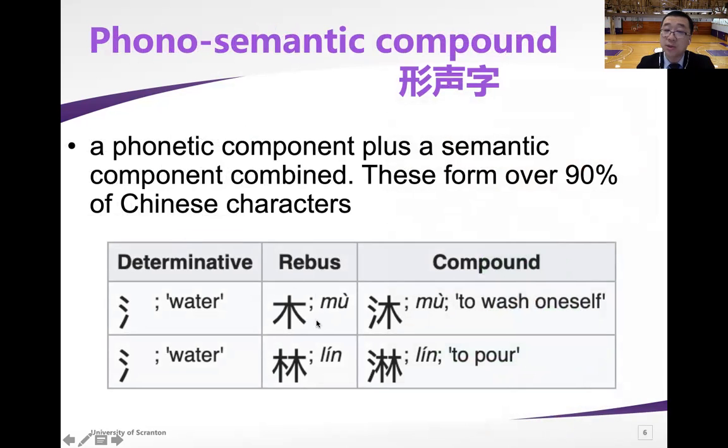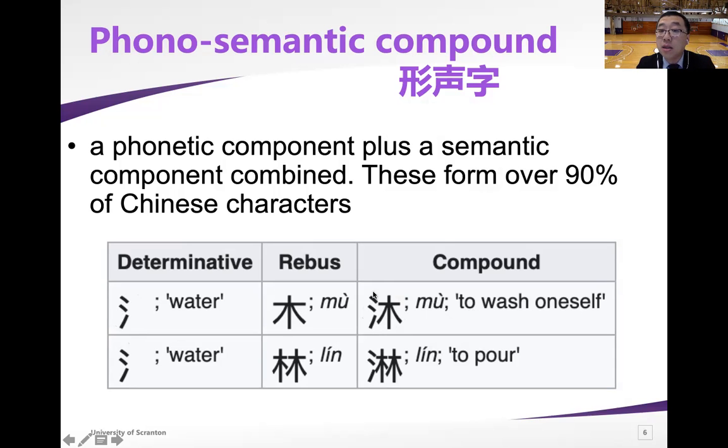Like this, we know this is mu, wood. And if I add a radical to mu, this radical, 3 dots, means water. Later on, we're going to talk more about that. But the combination or the compound is called mu. So the pronunciation comes from woods, same pronunciation.